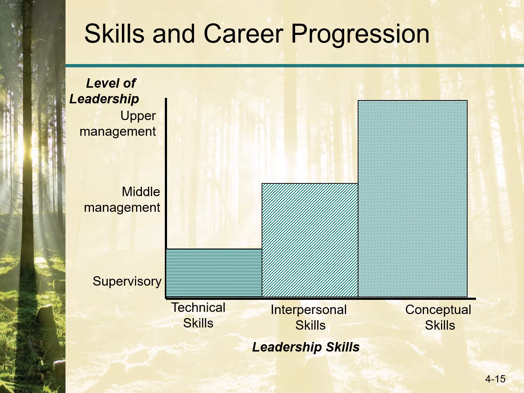And then finally, when you're in the upper management position, you've gotten to the top of the ladder, so to speak, you're doing almost no technical skills, you're using some interpersonal skills, and a lot of high-level conceptual thinking goes on in those kinds of positions.